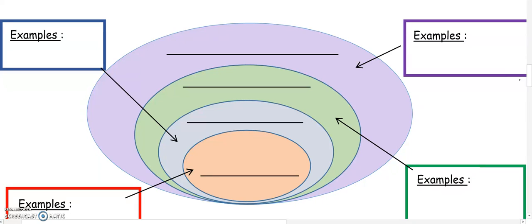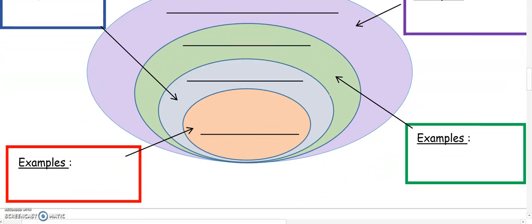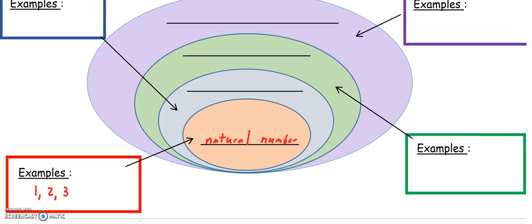So let's use the idea of these numbers to fill in our chart below. When we fill in this chart, we're going to start with the smallest group of numbers, and as our circle gets bigger, we're adding more and more into them. The first smallest circle is going to be our natural numbers. Remember, that's the first group that you learn to count with. So 1, 2, 3. The next group includes one extra number, which is 0. So this circle is going to be our whole numbers. This includes 0 and includes 1, 2, 3. Remember, things from the past group also are included, and then we add to that group.